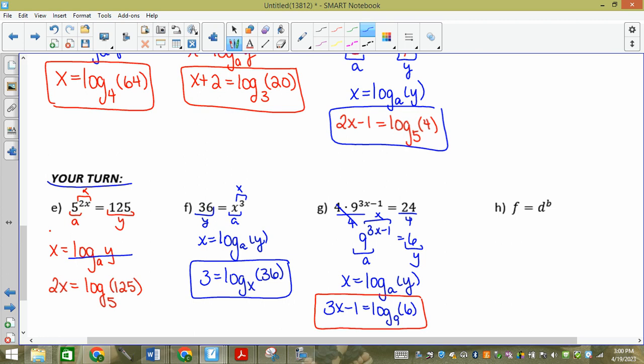And then for h, we line up base with base. So a, x, y, and then x equals log base a of y. So I'm going to get b equals log base d of x.